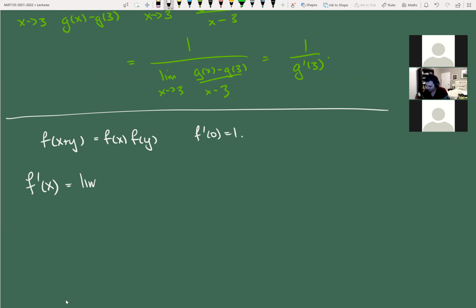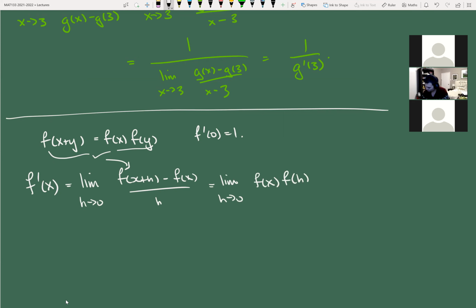So let's look at the limit as h goes to 0 of f of x plus h minus f of x, all over h. Now I'm going to use this fact right here. So I get the limit as h goes to 0 of f of x times f of h minus f of x, all divided by h.